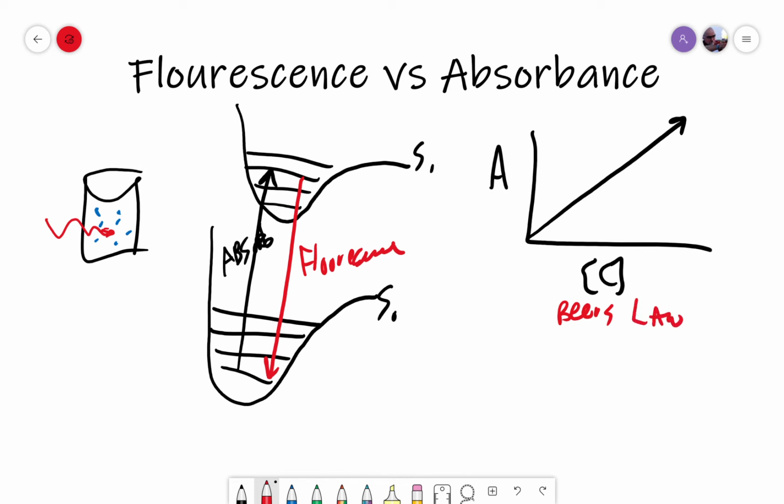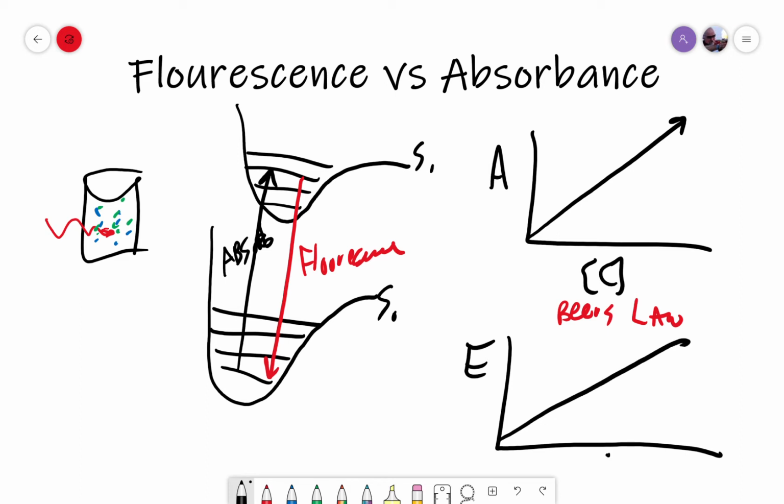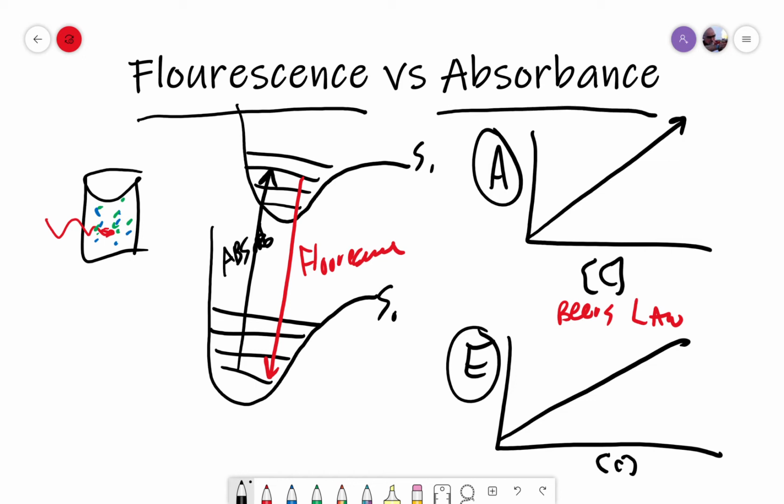But it also makes sense that the more species you have in the excited state, the higher the concentration, the more the fluorescence. So really, the Beer-Lambert law works perfectly if you're talking about emission or absorbance. Both can be used in Beer's law for quantitative analysis.